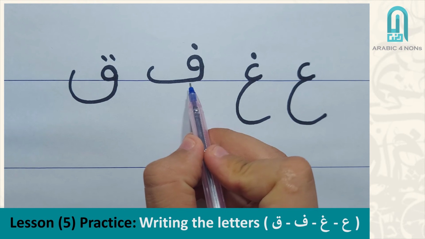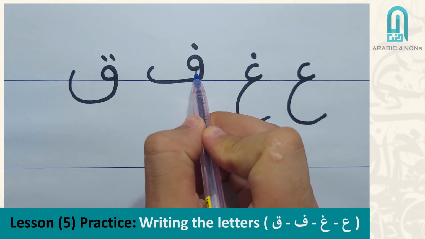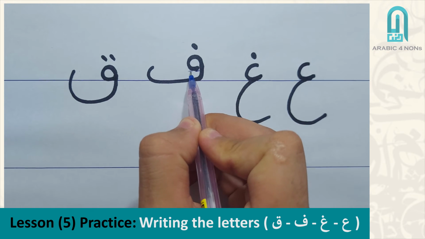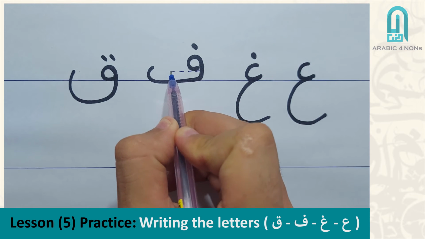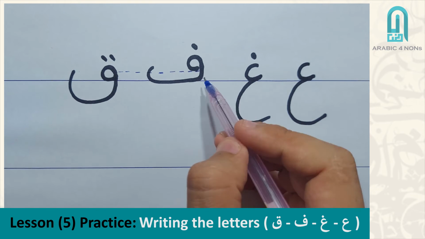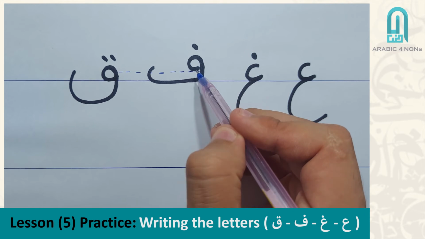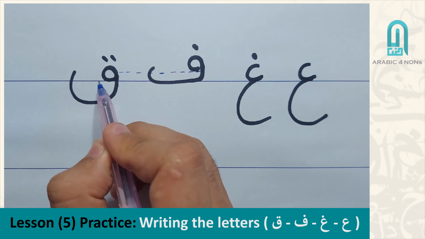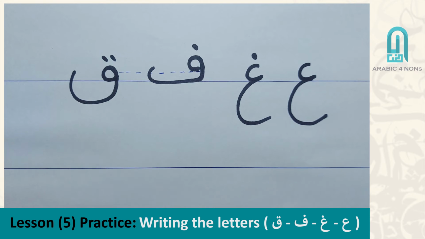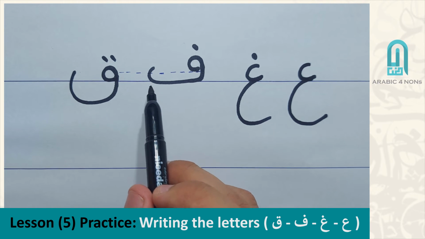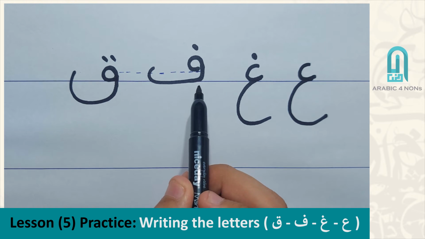To realize the difference, let me do one straight horizontal line from the bottom of this cycle, like this. So as you can see, this cycle is completely above the line, while this one is resting on the standard line. The second difference between these two letters of the second group is the body of the letter.